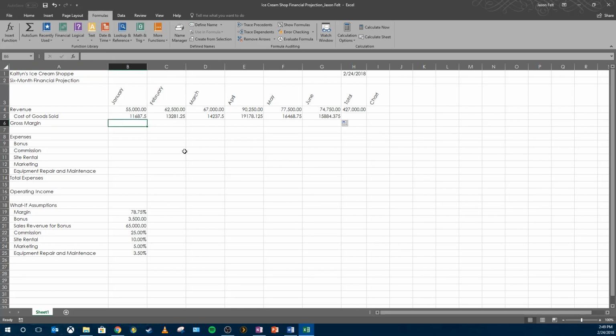We're going to go to gross margin. So we're going to do equals revenue minus cost of goods sold. Okay? So $43,000. Now I'm going to go ahead and autofill. We don't have to put absolute cell referencing in here because when we move it across, there are values. That's what we're going to be using.